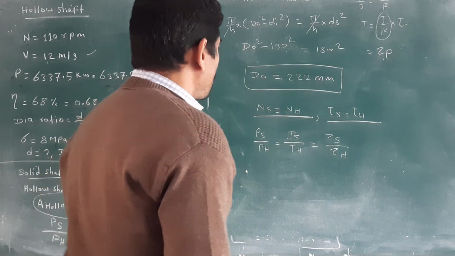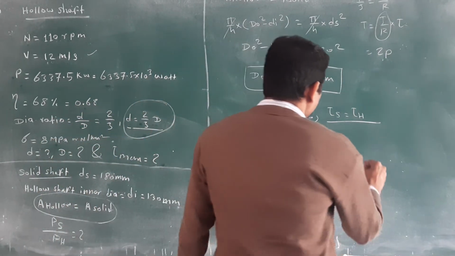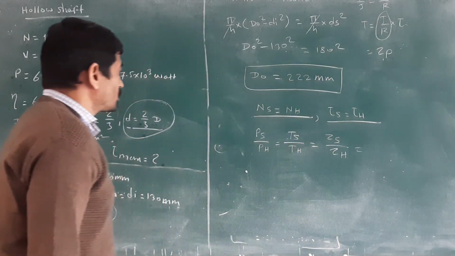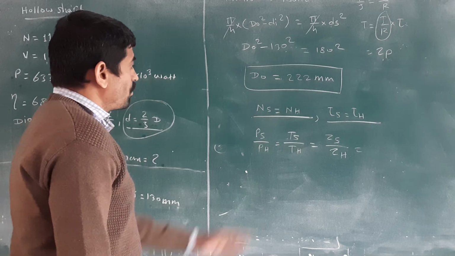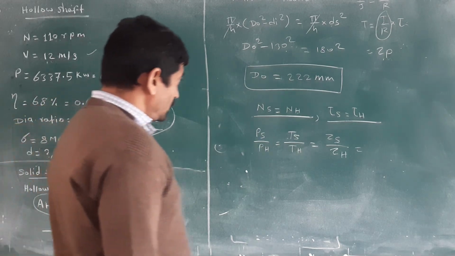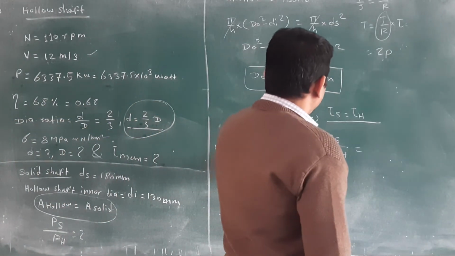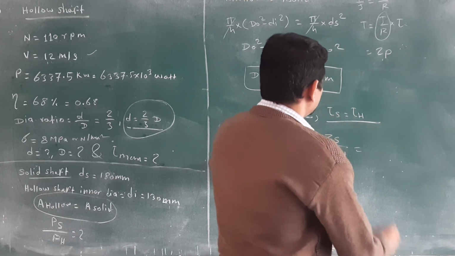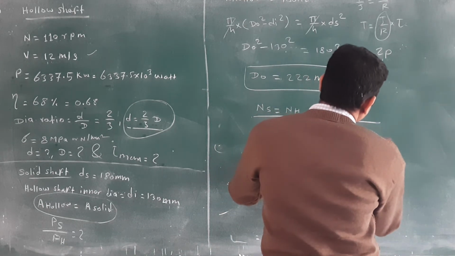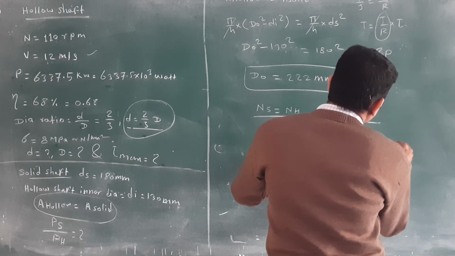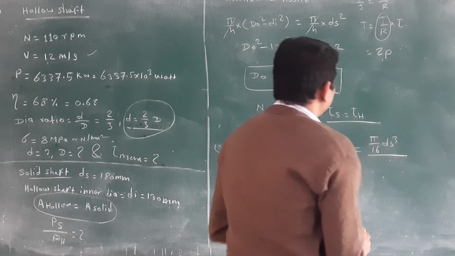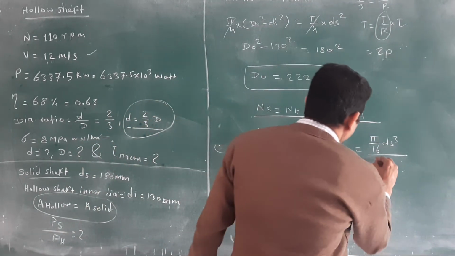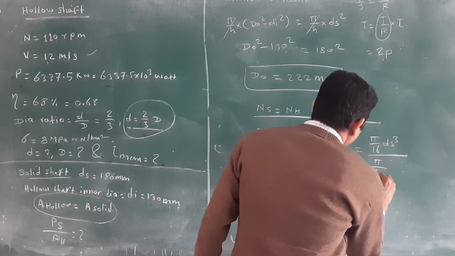What is the value of ZS? We have seen in the first lecture of torsion how to calculate the formulae for the solid shaft and hollow shaft. What is the section modulus for the solid shaft? Pi by 16 into DS cube. And for the hollow shaft?